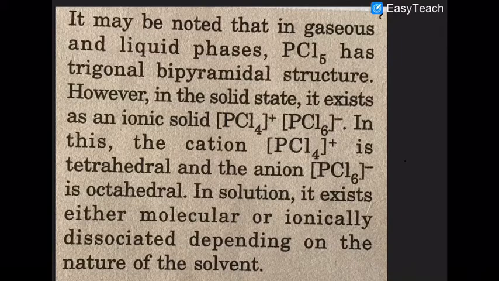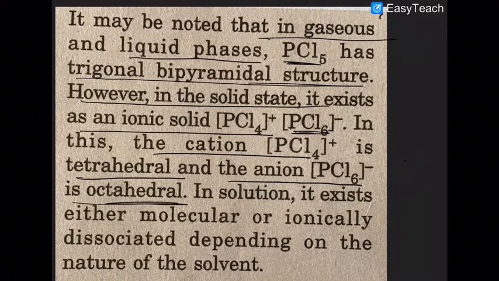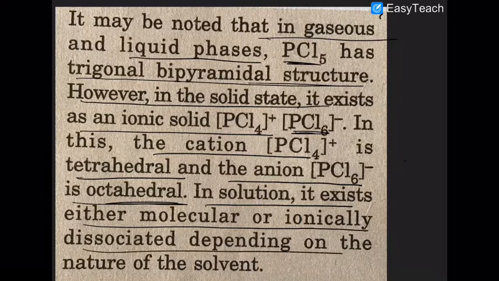Now it should be noted that PCl5 in liquid state and in gaseous state is trigonal bipyramidal. But in solid state it is PCl4 plus and PCl6 minus. The PCl4 plus is tetrahedral and PCl6 minus is octahedral. Are you sure about that? In solution it exists either as molecular or depending upon the nature of the solvent.